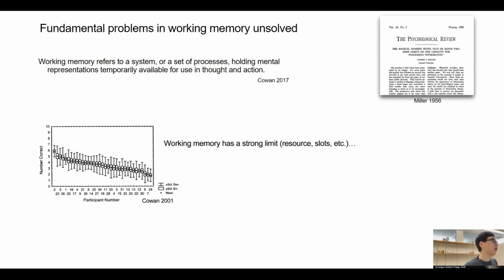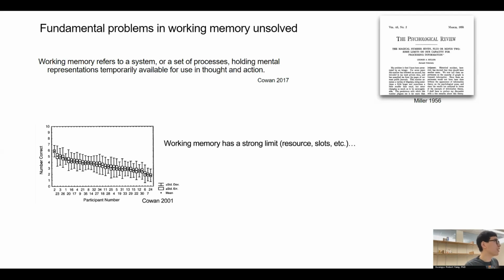People have known for 70 years that working memory has a very strong capacity limit, right? I can, for example, ask you to remember some numbers, and some people can remember better than others, but usually people can only remember something like 4 to 8 numbers if I tell you some random numbers. This is kind of odd, right?